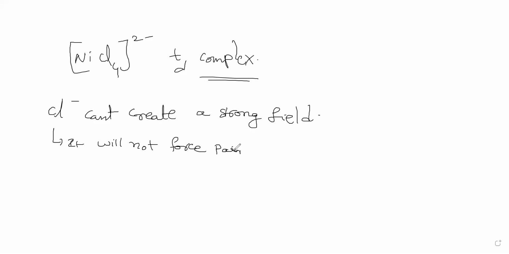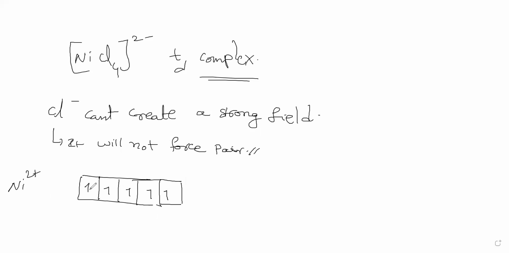So if you understand this force pairing, that's very easy now. So nickel 2+ once again, that's a d8 configuration as I told you. So here 1, 2, 3, 4, 5, 6, 7, 8.